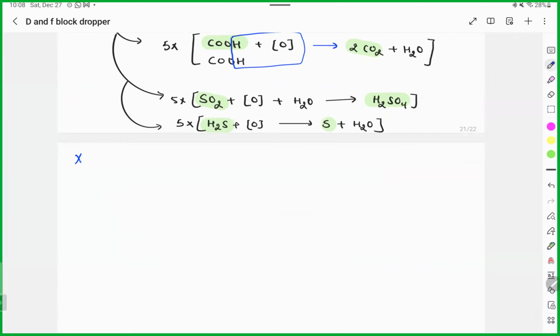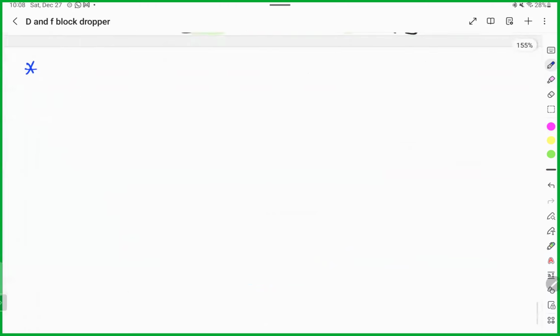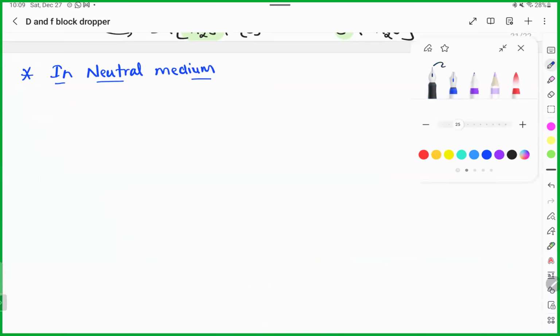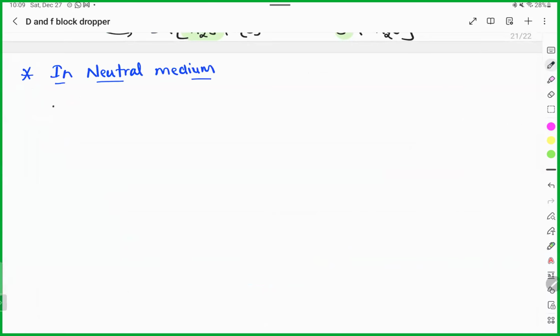If things happen in neutral medium, it means you don't have acid, you don't have base. In neutral medium, what happens? Sarah, can you tell me any chemical that can react with KMnO4, is not acid and base, and very popular, very basic?